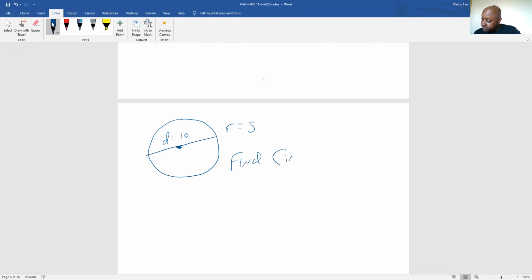So to find the circumference, C equals 2 times pi times r. C equals 2 times pi times 5. C equals 2 times 5, which is 10, and bring down your pi. So the circumference is 10 pi.